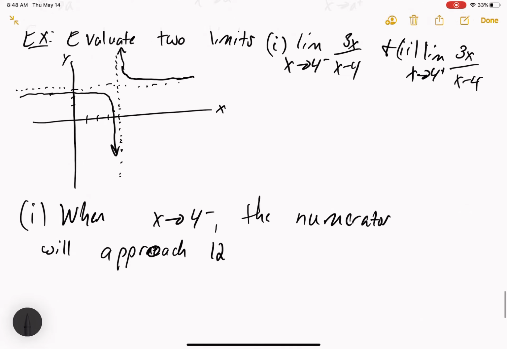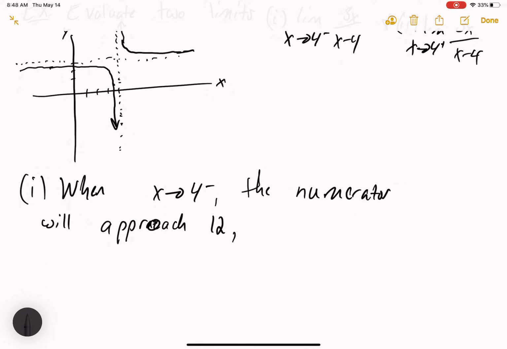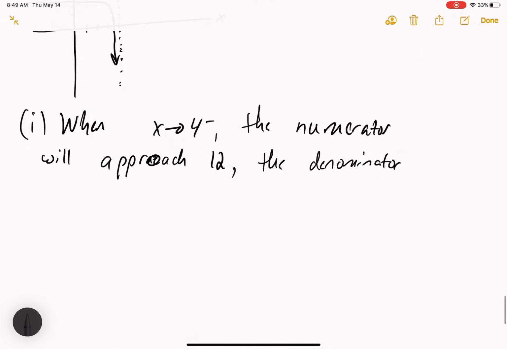Because in this case, it's approaching 12, because if you just plug in 3.99, 3.999, and you multiply that by 3, eventually you'll get something that goes to 12. And it's easy to see. Eventually, you're just going to get 4 times 3, which is 12, up top. But the denominator is going to be telling us what's happening. It's really going to be determining the behavior.